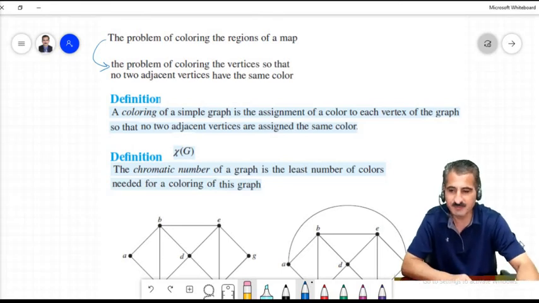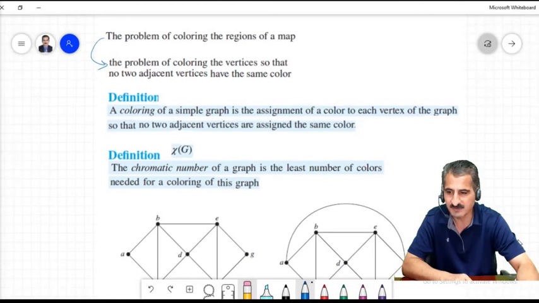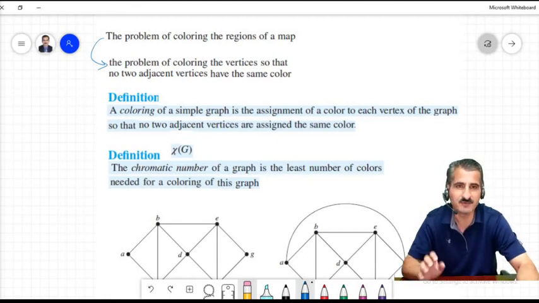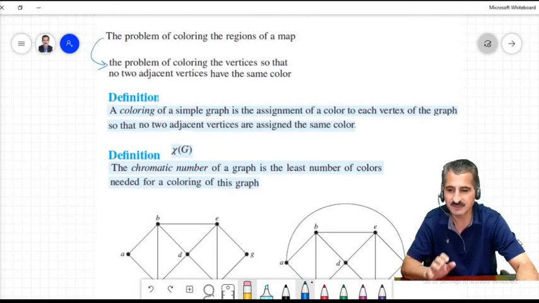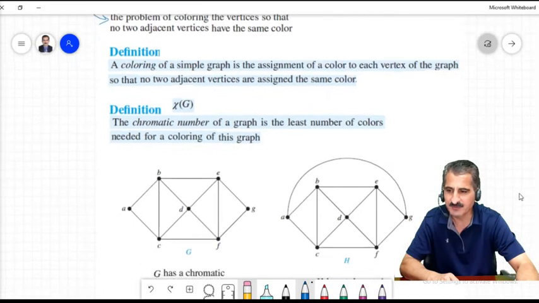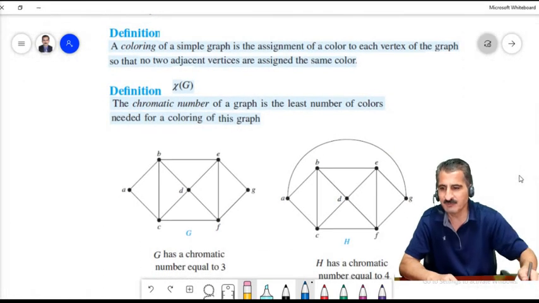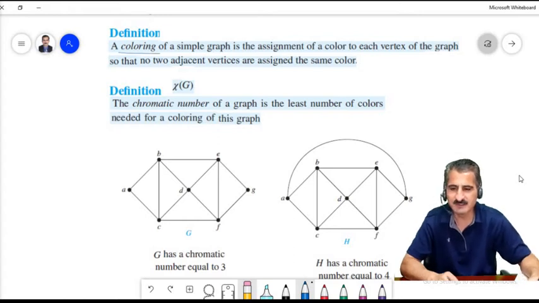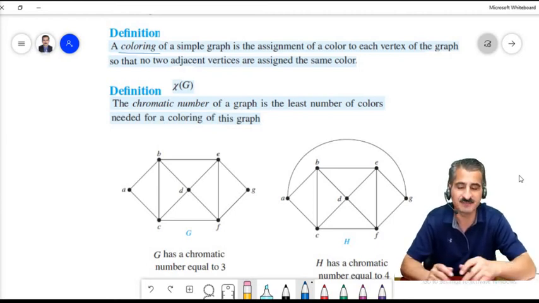So that motivates the following definitions. As we asked before, what is the number of colors that we need to do such a coloring? And this leads to a very important definition in graph theory in general. And here we go, the definition. What do we mean by coloring a simple graph? Simply, it is an assignment of colors to each vertex of the graph so that no two adjacent vertices have the same color.